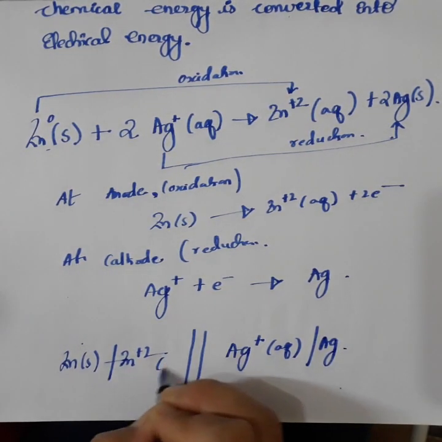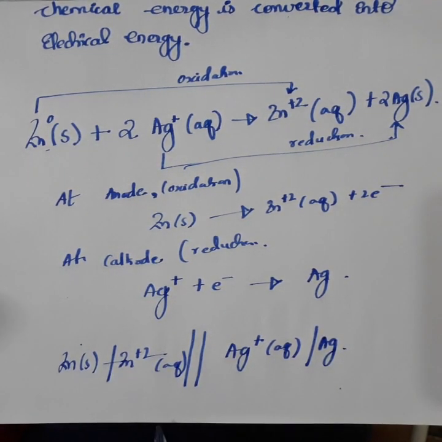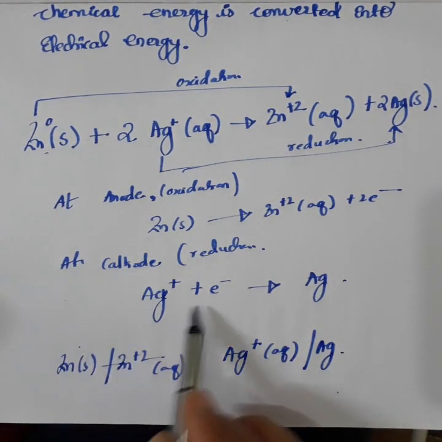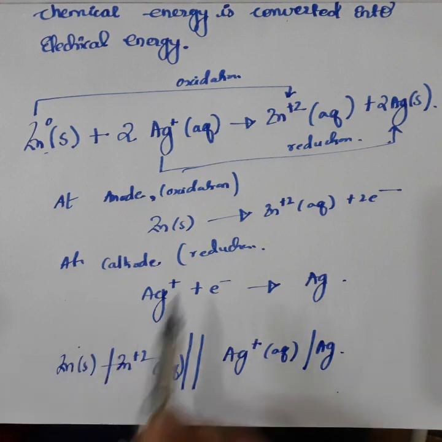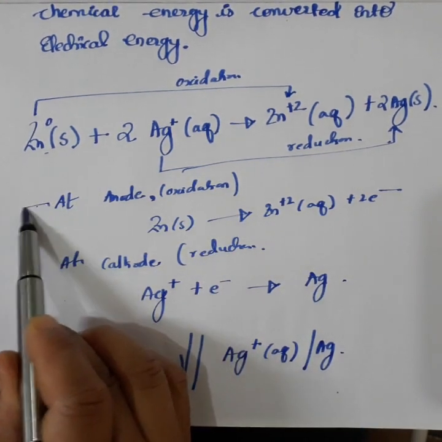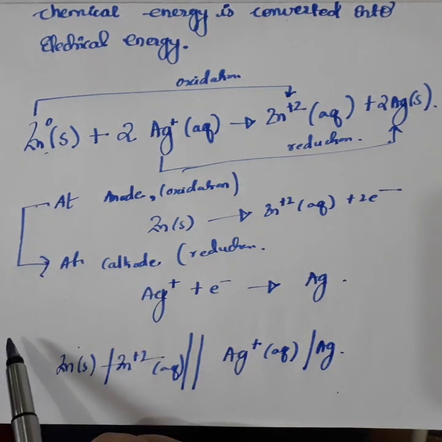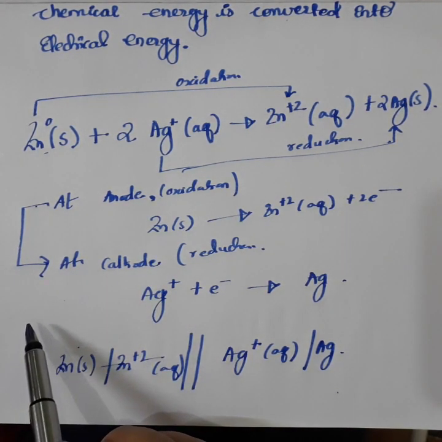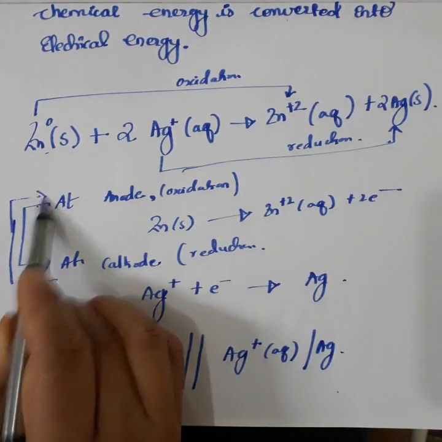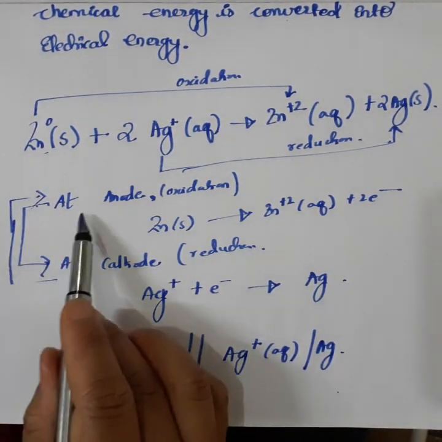So this is your galvanic cell. Now your negative electrode is the zinc electrode, and the positive electrode is the silver electrode. The electron will move from anode to cathode, from the zinc electrode to the silver electrode, right? And the current, as I've already told you, will flow from cathode to anode.